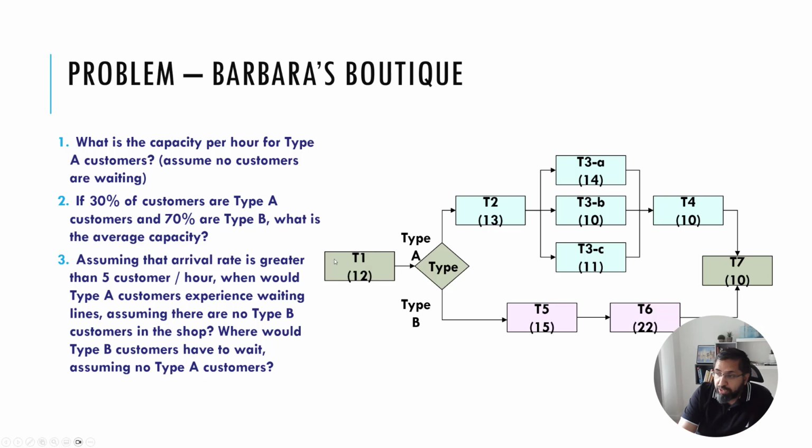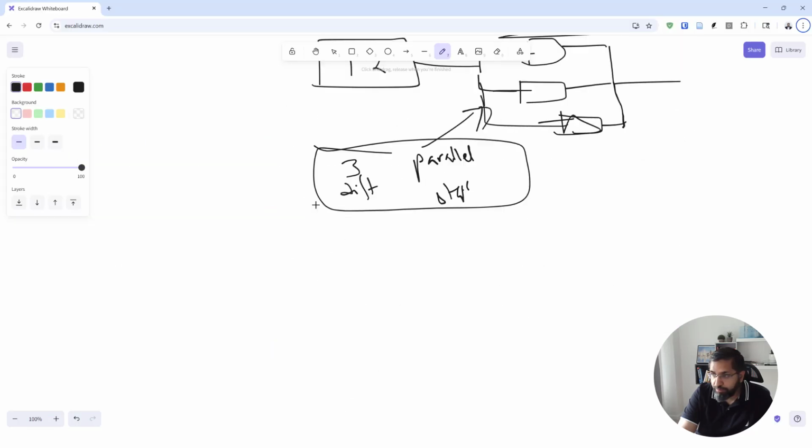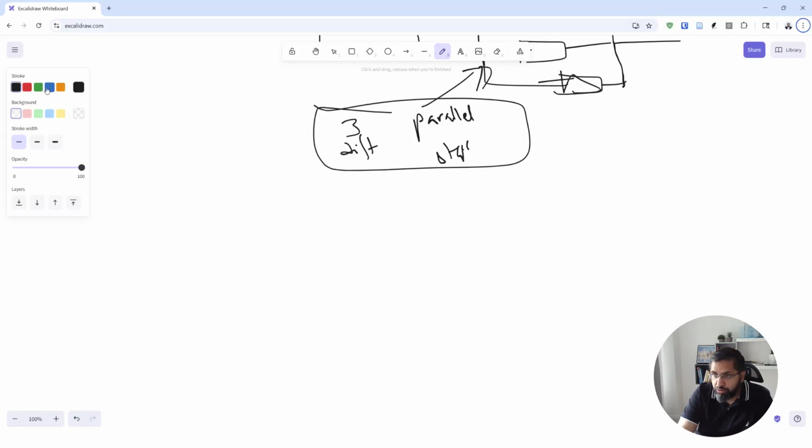Okay, so to actually find the bottleneck, we have to compare capacities, because when you have these 3 workers working in parallel and they all take different amounts of time, you don't know the cycle time of step T3. Okay, so let me explain that on the diagram I can draw here. I'm going to show you 2 situations.